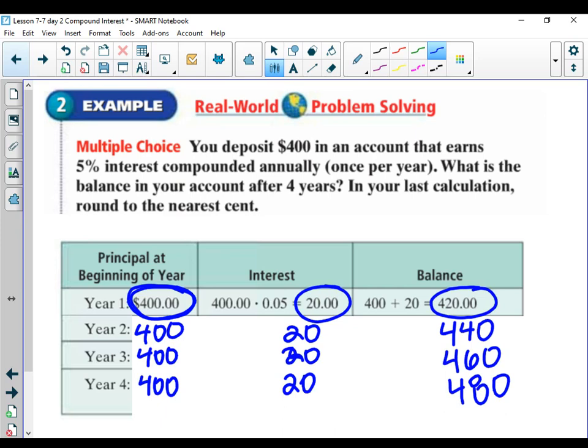Layton has a new idea. I'm gonna try this compound interest thing at my bank. Even though you gave me 400, I gave you 20, I think you should start year 2 with 420.